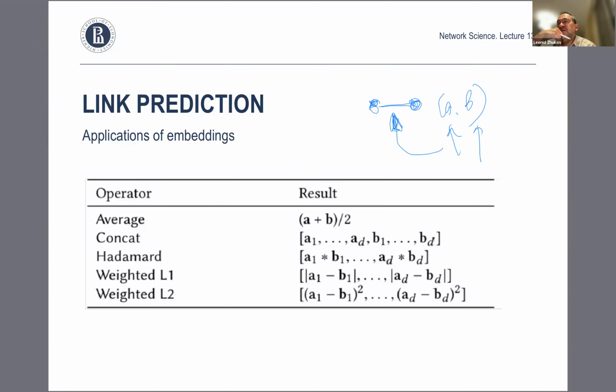There are various ways to do it. You can take an average of the embeddings of the nodes that define the edge. You can do concatenation, you can do Hadamard, which is just component-wise multiplication, or you can do various L1, L2 computations. Hadamard is probably one of the most efficient, but that's based on experiments, not theory.